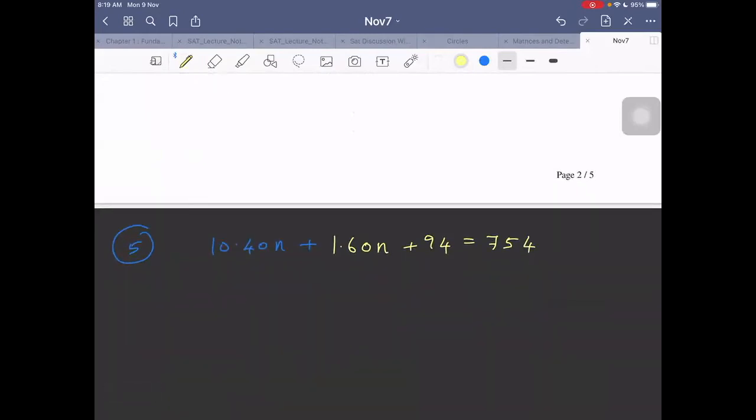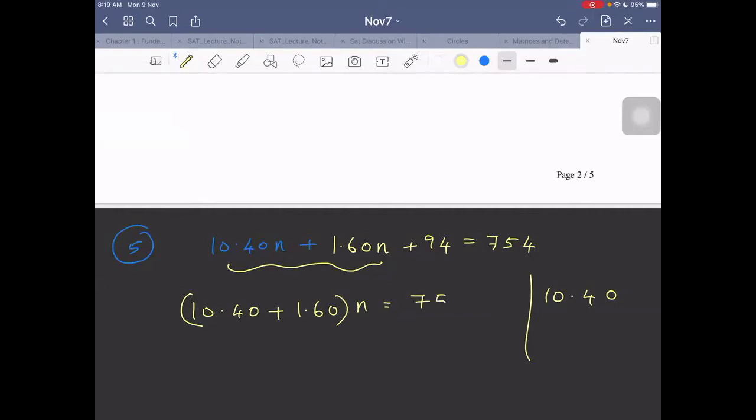So in this question, instead of fractions, we have decimal numbers. Again, I hope you're thorough with the decimal operations. In the LHS, you can combine these like terms. So this is going to be 10.40 plus 1.60 times n. You can always take this 94 to the other side.